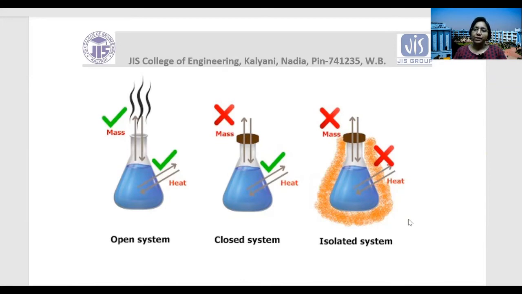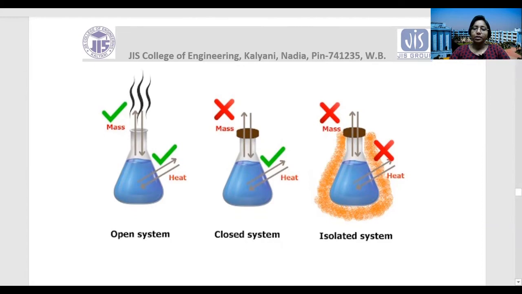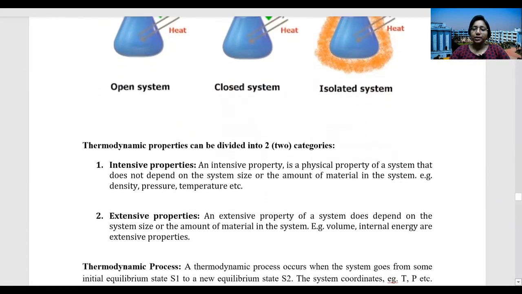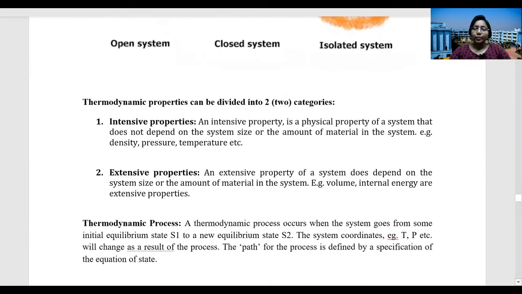So it is the open system. Now, if you take a closed container and give heat energy, the heat energy can be transferred, but matter cannot. So this is the example of a closed system. You have well understood the open system and closed system.